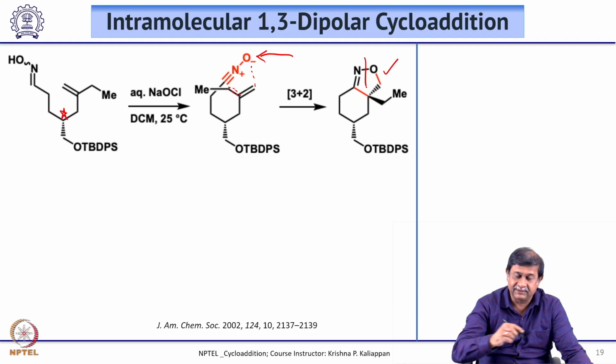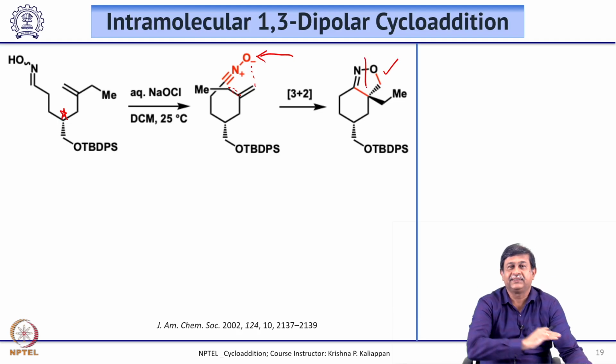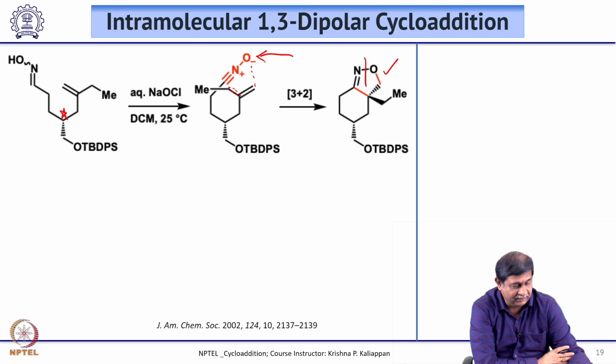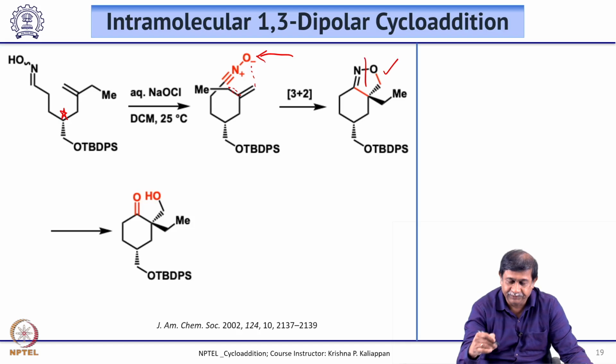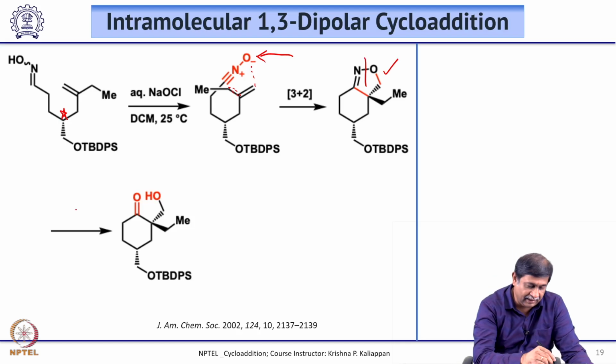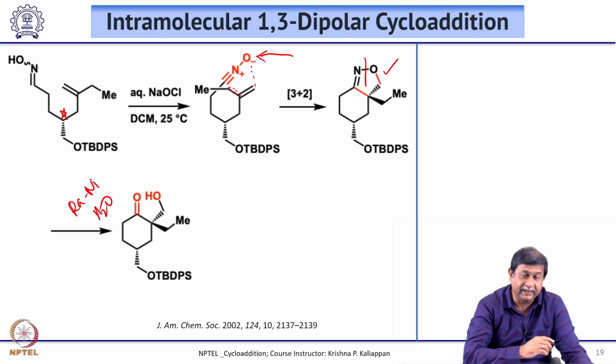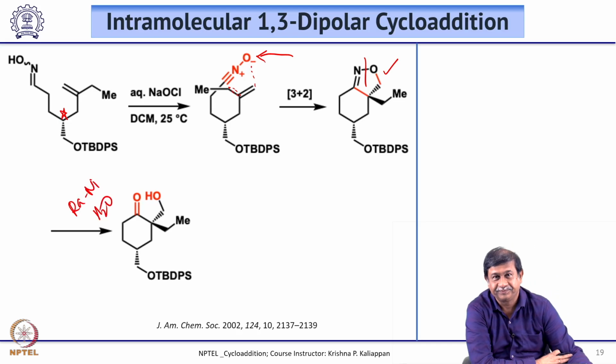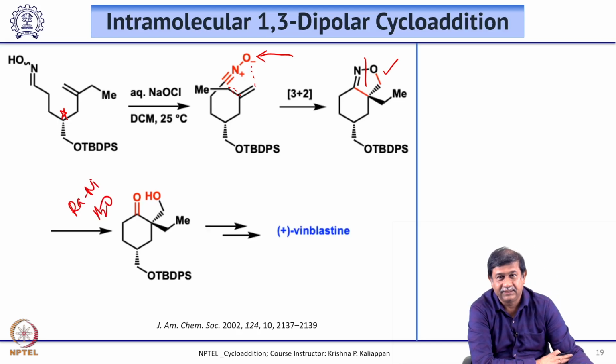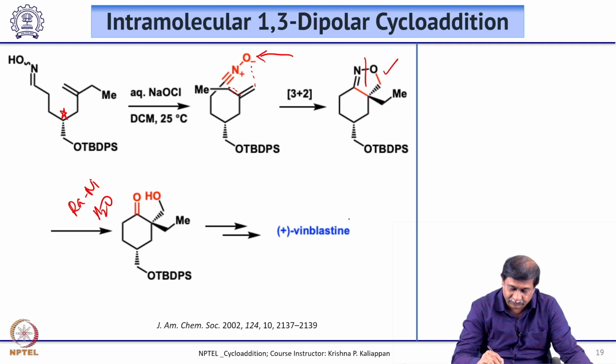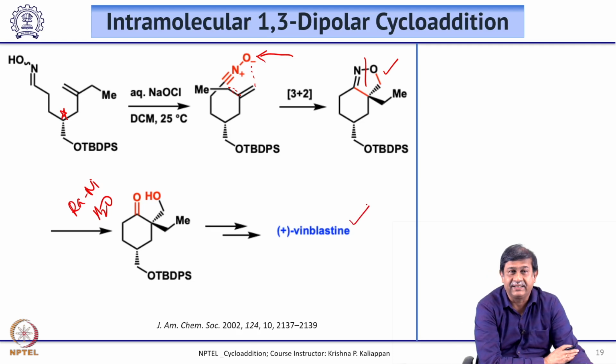Then one can always cleave the NO bond, reduce the C=N double bond. If you treat this with Raney nickel followed by hydrolysis, you will get this aldol product. And this was a key reaction in the total synthesis of winterstein.